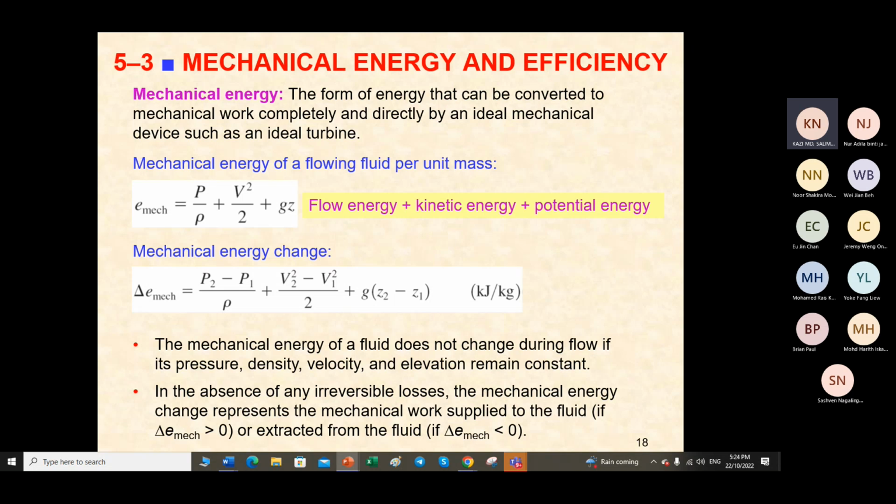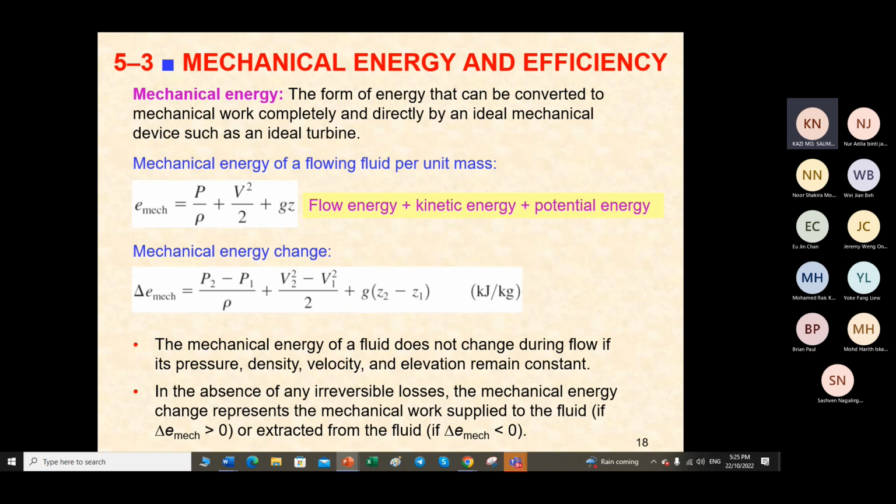The next equation: delta E mechanical equals P2 minus P1 by rho plus V2 squared minus V1 squared by 2 plus g times Z2 minus Z1, because for the difference between two points, similar types of energy have to be subtracted from similar forms of energy. Potential energy has to be subtracted from potential, kinetic energy from kinetic, and flow energy from flow energy.